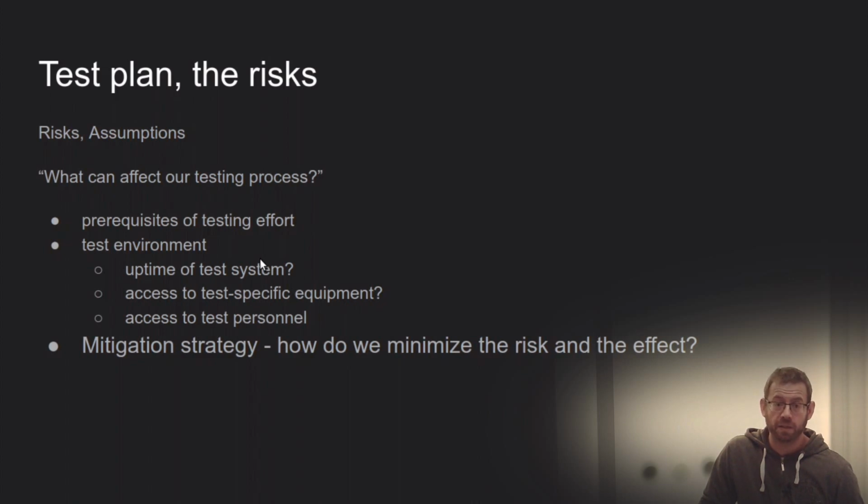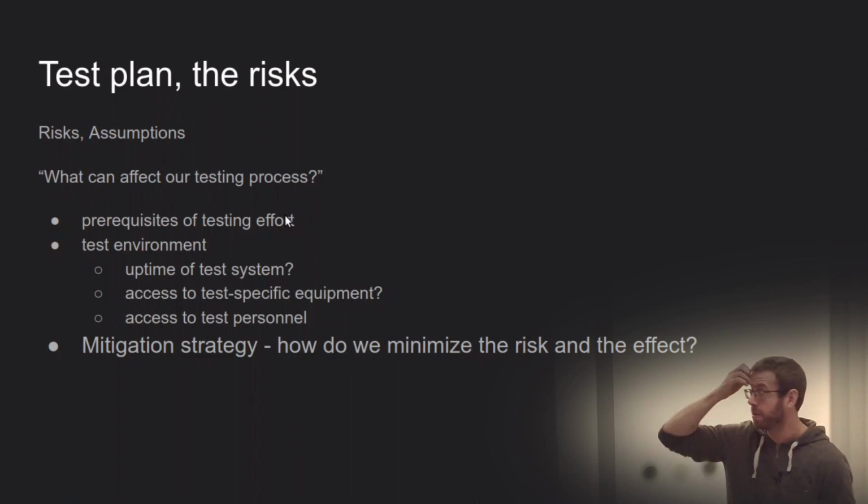What if we cannot log into their system? There are things that we need to get in order to mitigate this risk. So perhaps we need passwords, perhaps we need to set up private networks and stuff like that, tunnels to get in.